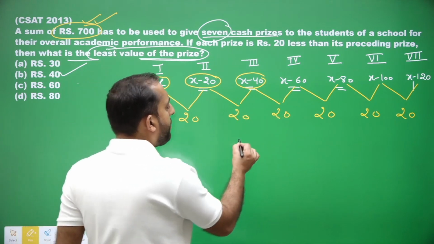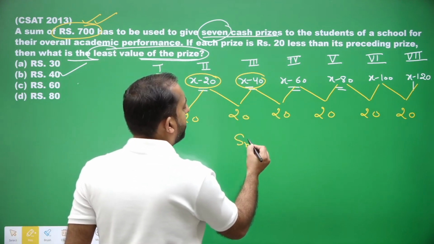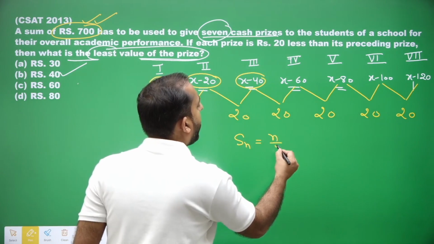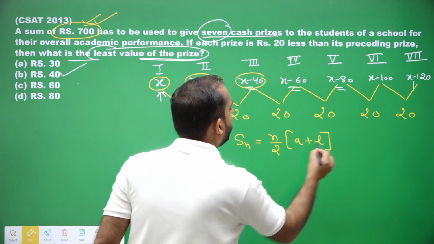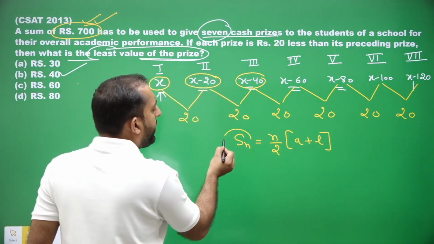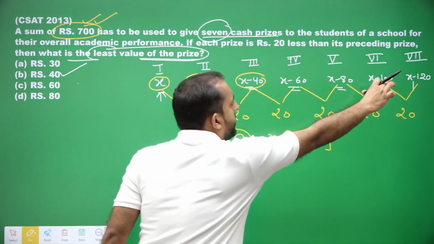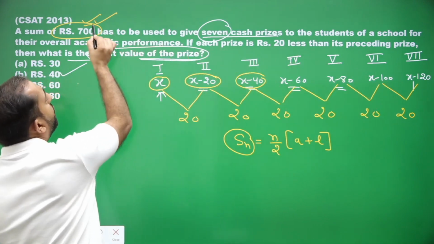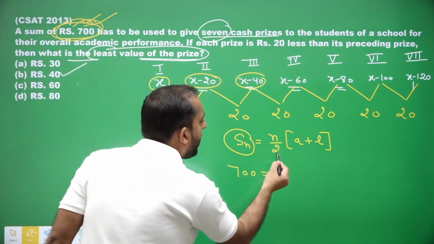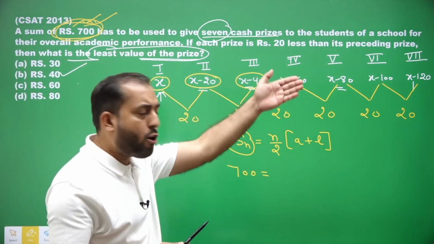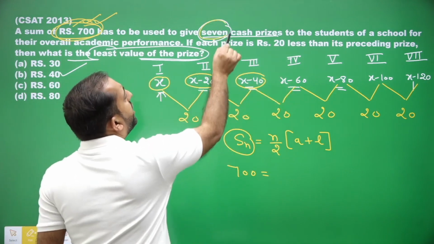In case of an AP, the sum to n terms is given by n by 2 into the first plus last term. Sum to n terms means the sum of all these values, which we know should be 700. So 700 equals n by 2, where n is the number of terms.